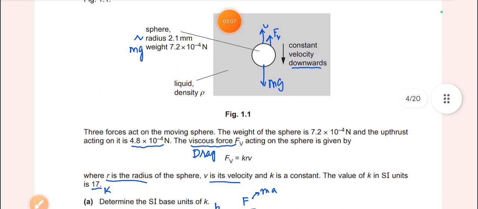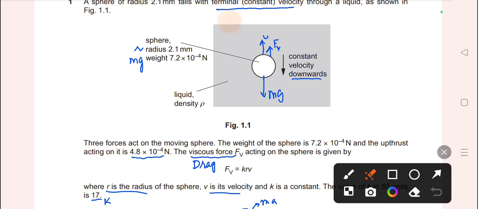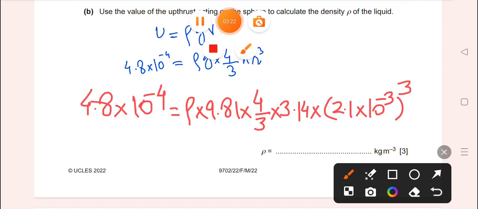The radius here is given to be 2.5 millimeter. You can have a look at here, right? It is in millimeters, so you have to convert it into meters when using the formula, doing the calculation. Okay, now using the values, the upthrust, G, density, we have to find the value of G is 9.8, the radius is 2.1 in millimeter.